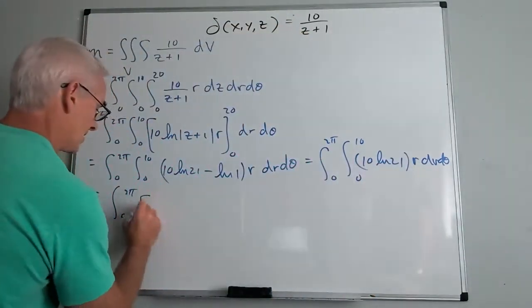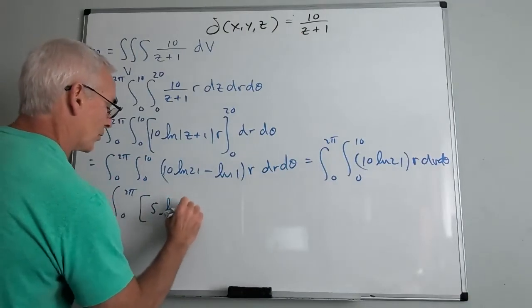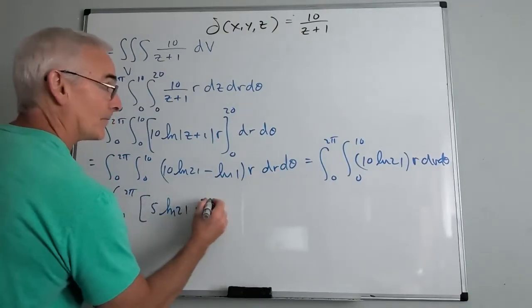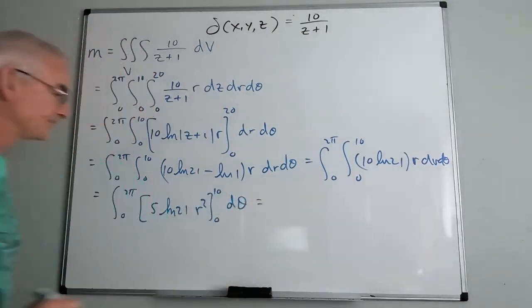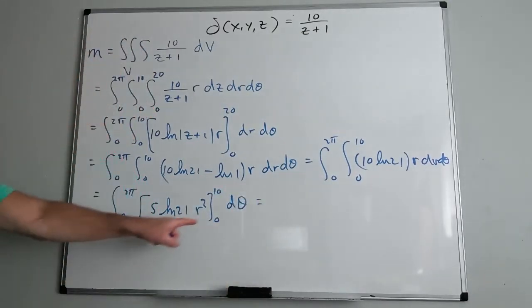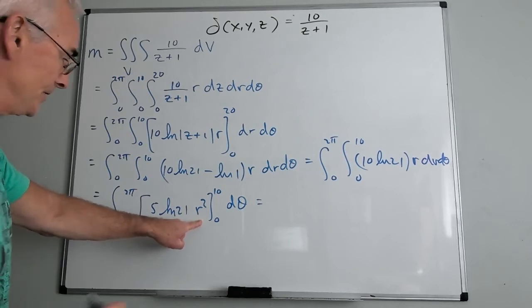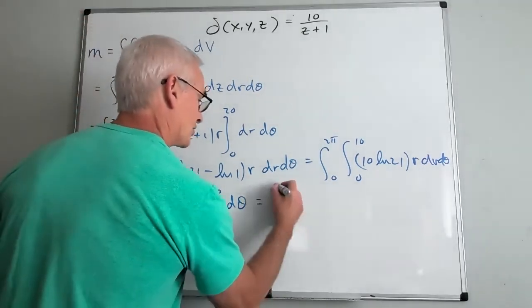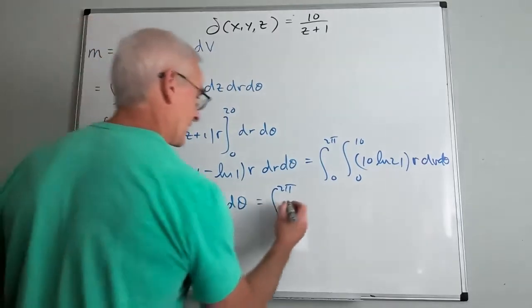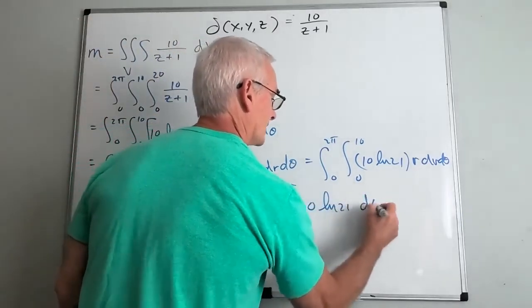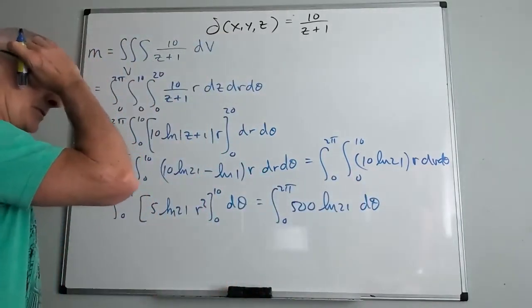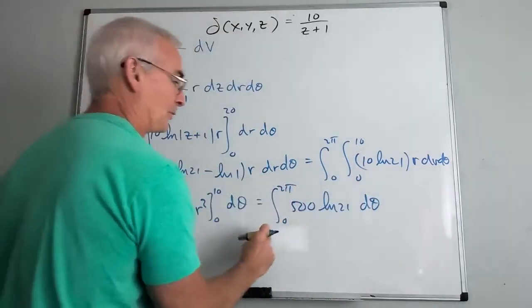So that means 5 log 21 r squared from 0 to 10 d theta. So when I evaluate r squared from 0 to 10, I'm going to get 100. So now I've got 0 to 2 pi of 100 times this. So that would be 500 log 21 d theta. And since that's a constant, I just multiply by the 2 pi.